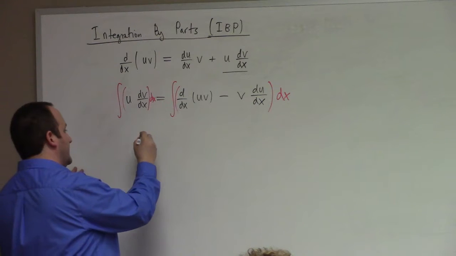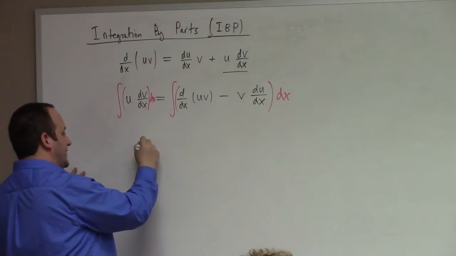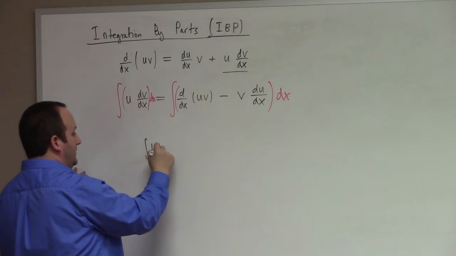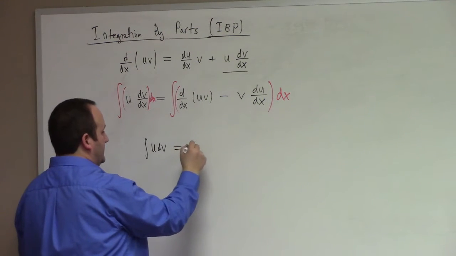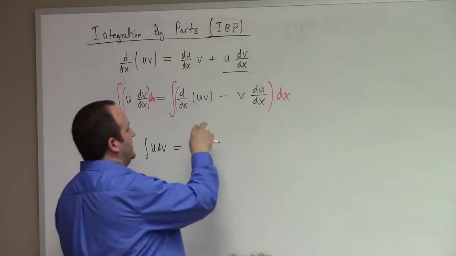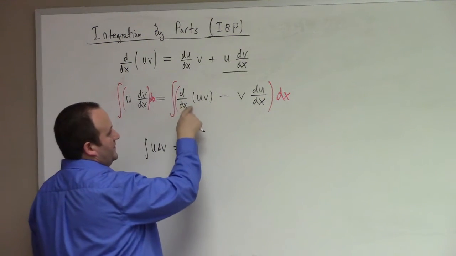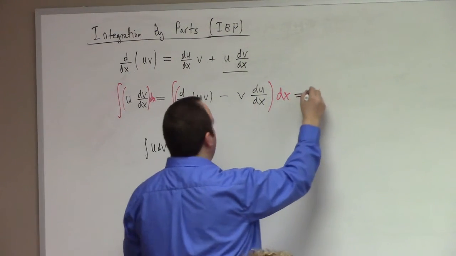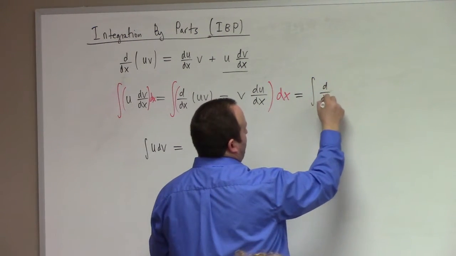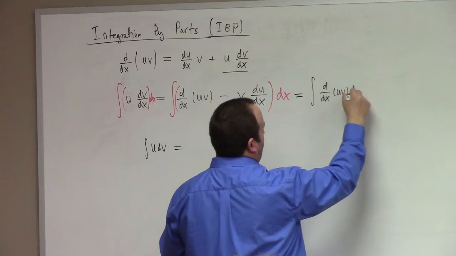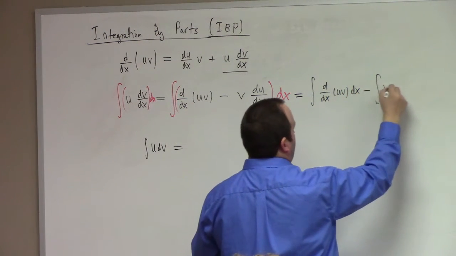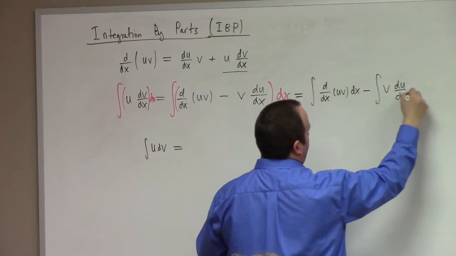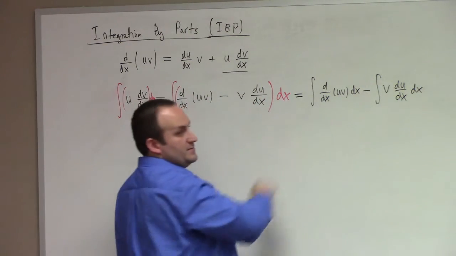Let me simplify it a bit, though. Canceling the dx's, we get the integral of u dv is equal to the integral of d/dx of uv times dx, minus the integral of v du/dx dx. What is this, though?